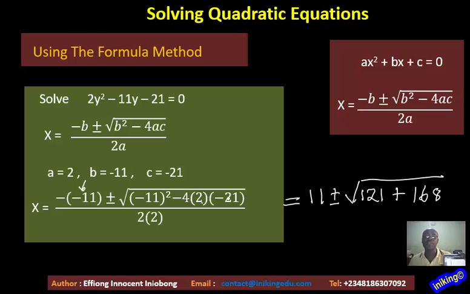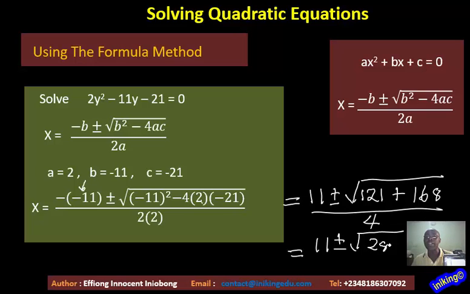Remember, minus 4 times minus 21 will give us positive 84, then times 2, we have 168. Remember to divide by 2a, that's 2 times 2, which is 4. This will go down to 11 plus or minus the square root of 289. I think that should be 17, divided by 4.